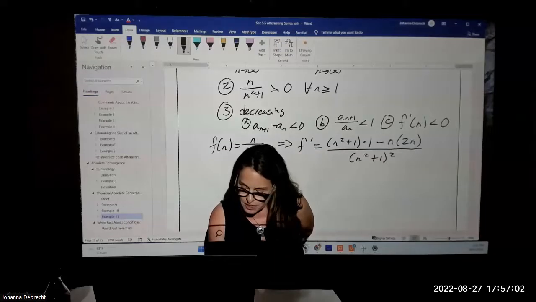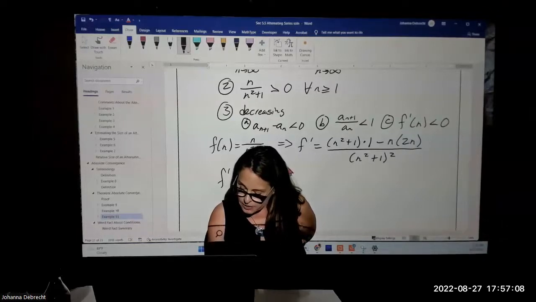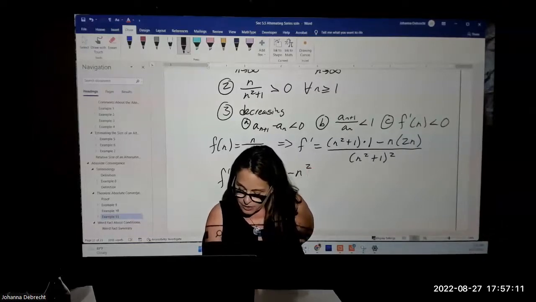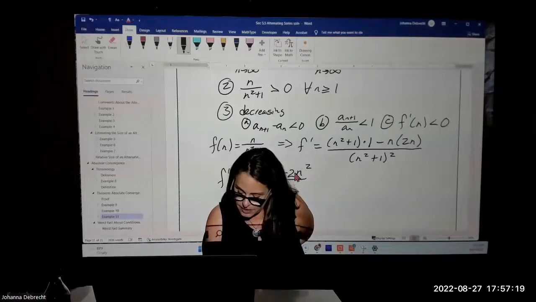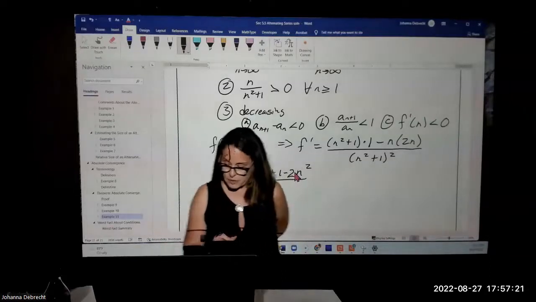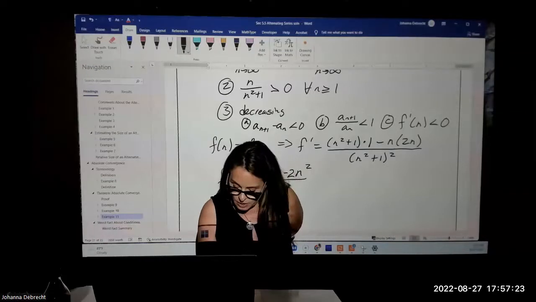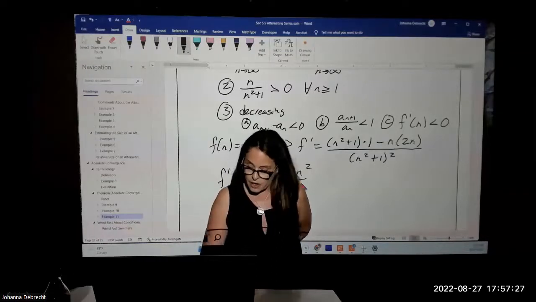So when we're focused on the numerator, we have n squared plus 1 minus 2n squared. I knew I'd lost something. So I have n squared plus 1 minus 2n squared over this strictly non-negative denominator, right?